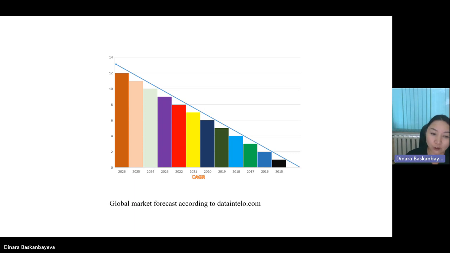The global sodium silicate market was valued at 6.3 billion US dollars in 2018, and you can see it is growing at a CAGR of 3.2% during the forecast period 2020 to 2026.